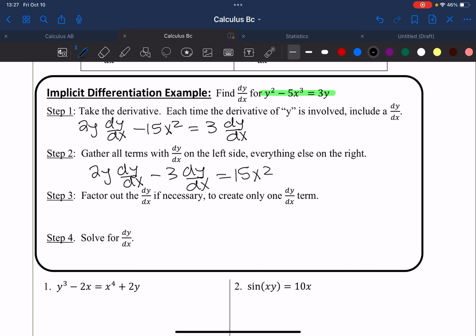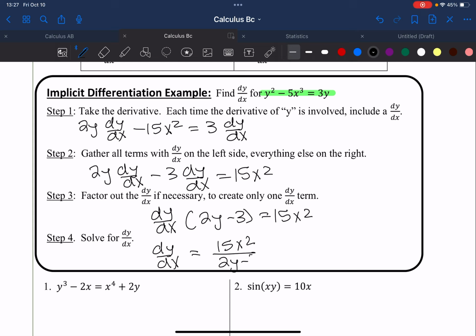Then I'm going to factor out a dy/dx. So dy/dx of 2y minus 3 is equal to 15x squared. And then solve for dy/dx. So I get dy/dx is equal to 15x squared divided by 2y minus 3. This would be the derivative with respect to y of the following equation.